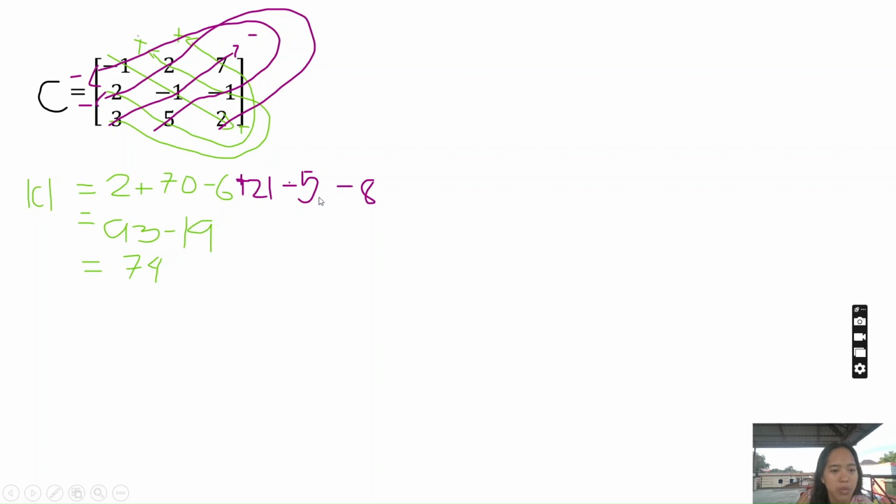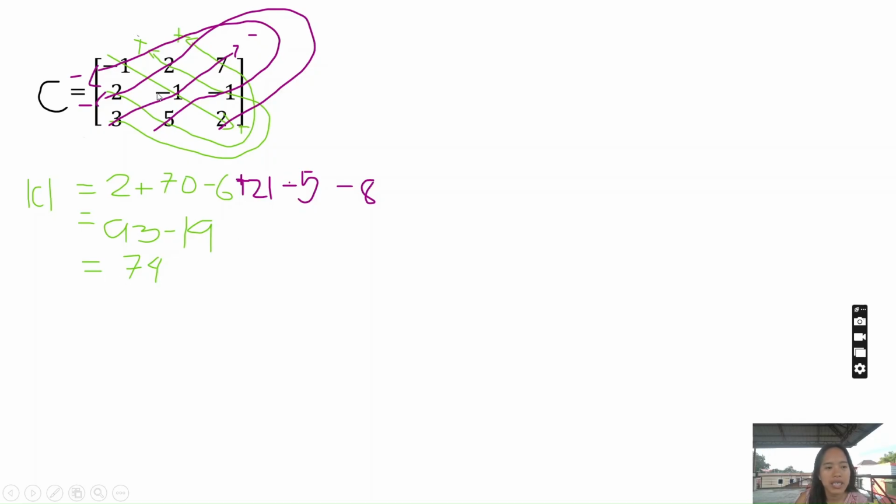And the last one is 2 times 2 times 2, so that is minus 8. Calculating this, we obtained 93 minus 19. So the answer is 74. Our determinant is 74 for this matrix.